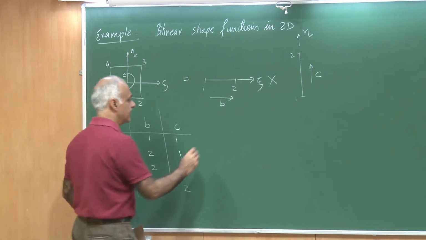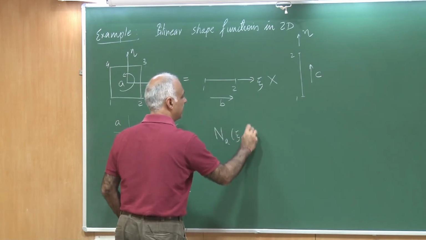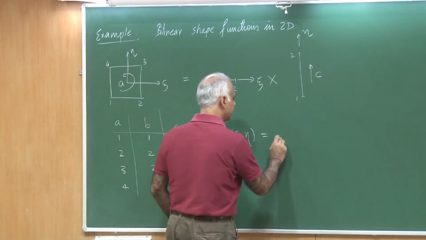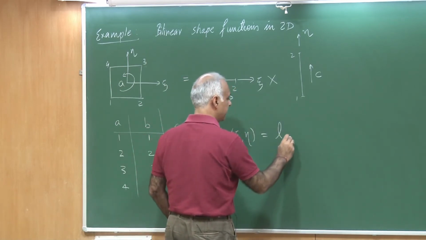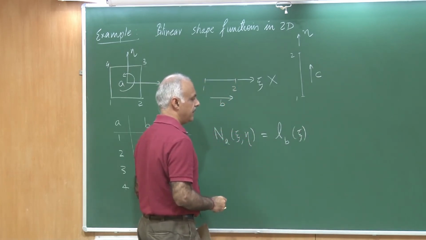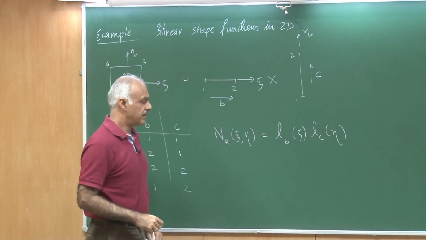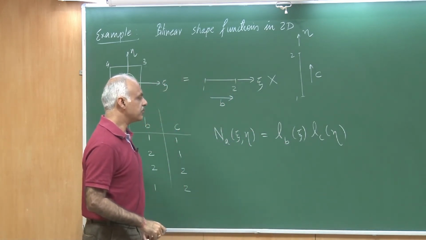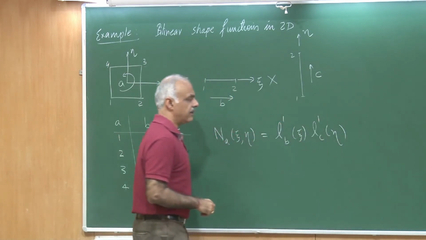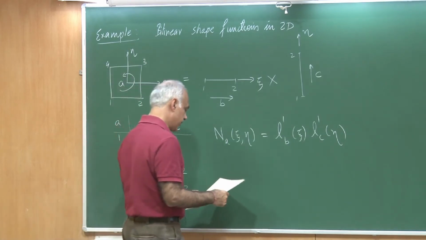So, here is the proposal that N_A of xi, eta is going to be given as L_B for the xi and L_C for the eta. And because I am using first order Lagrange polynomials, so I will put 1 here. Okay. So, let us see how this works out.